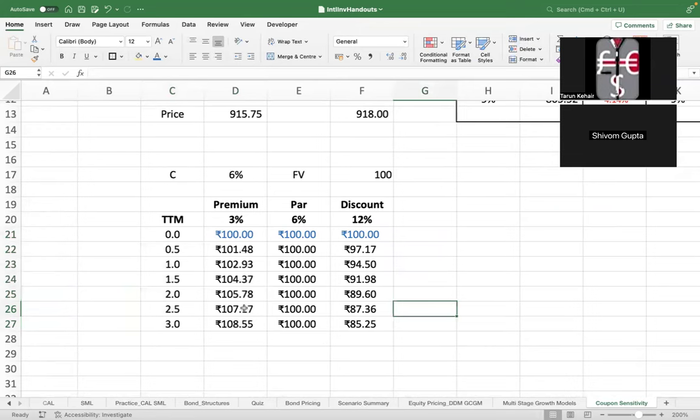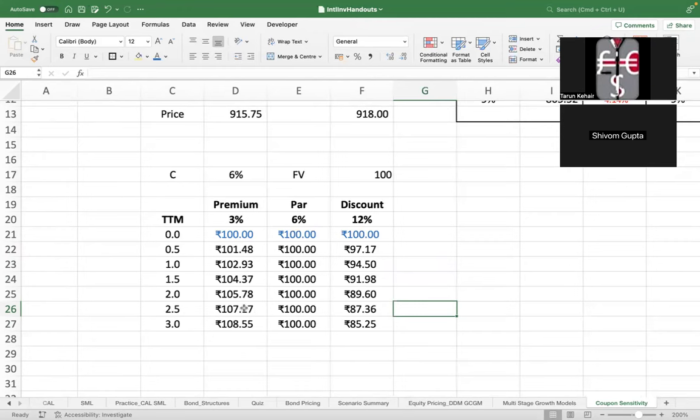If you change the axis, then it will perfectly pan out like that. So the learning lesson was that as you move closer and closer to maturity, the premium bonds will reduce in price, the discount bonds will rise in price, and the par bonds will remain the same.